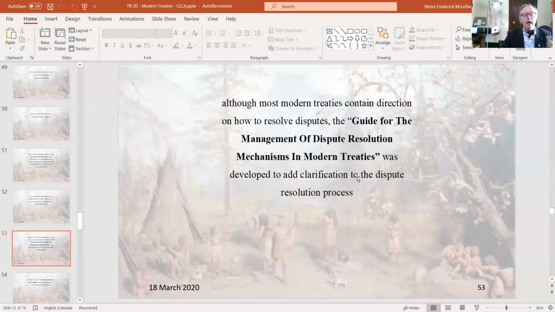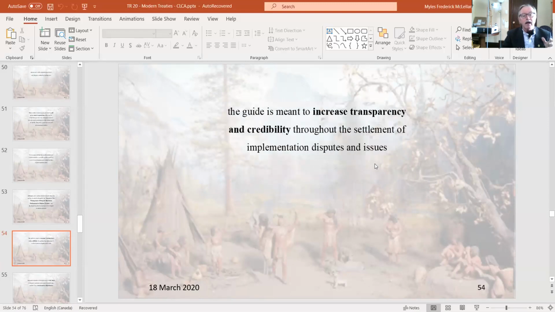In that regard, modern treaties contain, embedded in the wording of the treaties themselves, a guide for the management of dispute resolution. This is an important part of a treaty, to make sure that when problems arise, there are systems and mechanisms in place to resolve them. So we have a dispute resolution process, and this is meant to increase transparency and credibility through the settlement of these disputes.